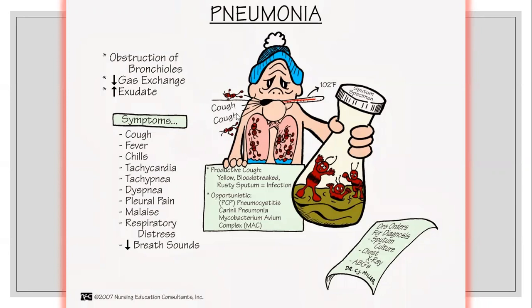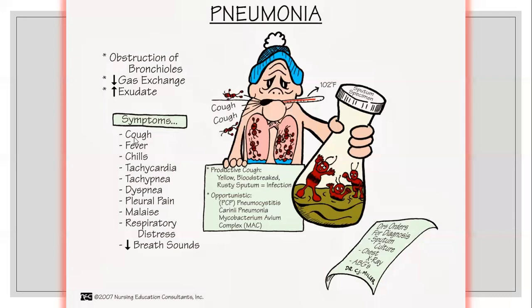Cough, body temperature raised to 102 degrees, and productive cough, which might be yellow, blood mixed, or rusty sputum, indicates infection. Sometimes it is an opportunistic infection as well.